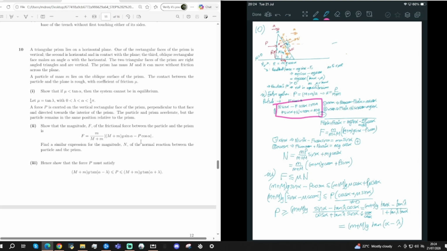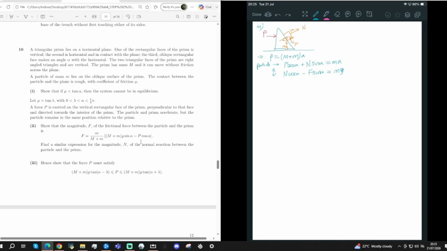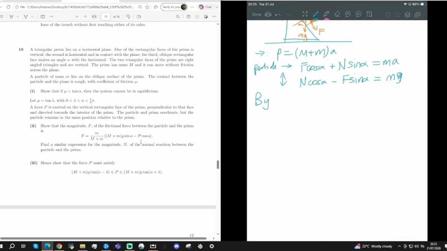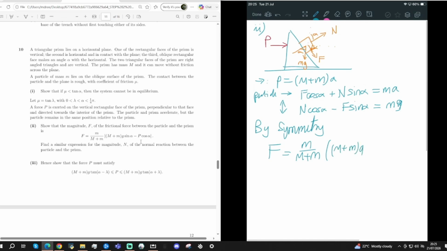The solution for the F force would be just the opposite sign of my answer. So a kind of symmetry. The F is going to be exactly what we had before, (M plus m) g sine alpha, but with the negative sign, plus P cos alpha.